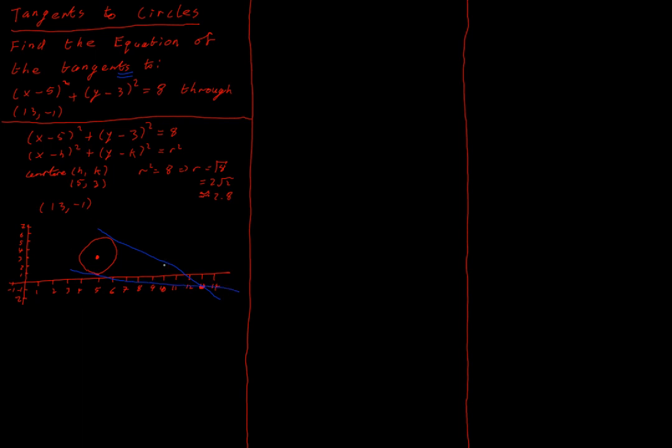So I now know that I'm looking for my two equations. I will label them. I'll call this upper one L1 and this lower one L2. And what do I know about these? Well, I know that my center is going to be at 5, 3. And I know that the distance from this point out to each of these lines is going to be root 8.